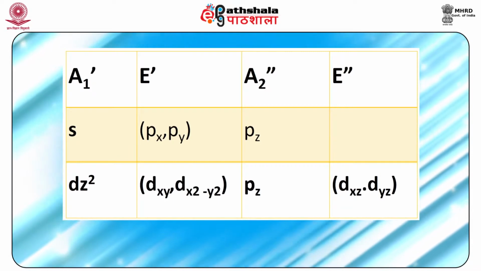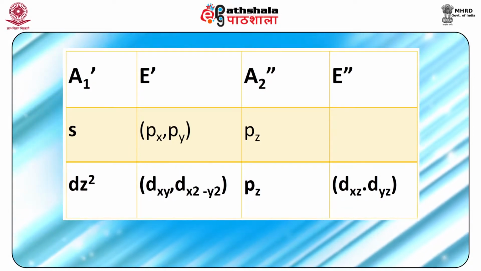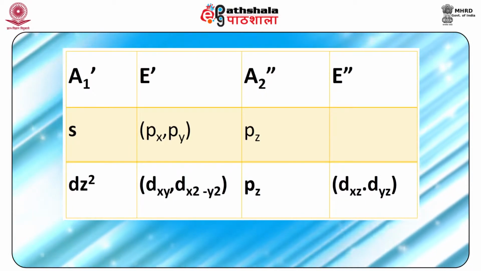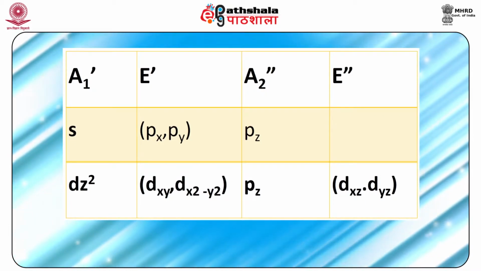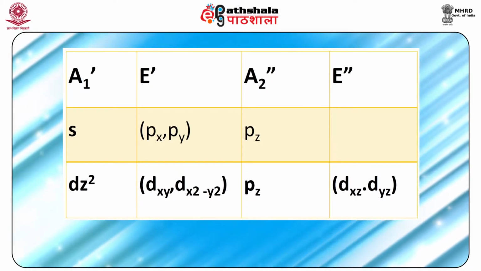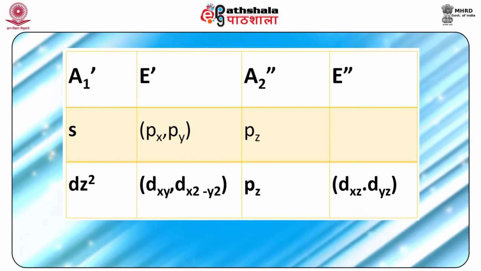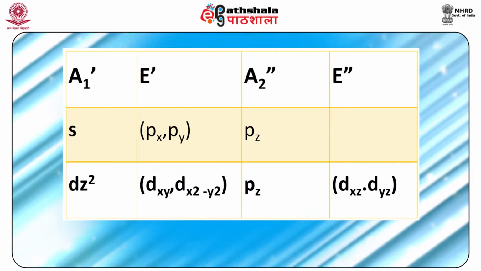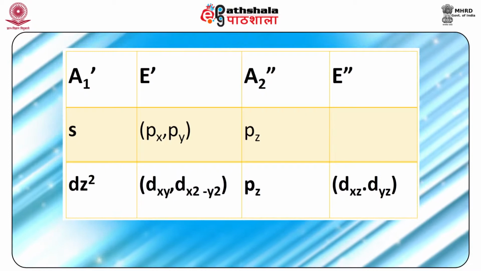Now, since there are 3 BF bonds, we need 3 atomic orbitals for hybridization of A1' and E' symmetry type. The orbitals pz, dxz and dyz, which have A2'' and E'' symmetry respectively, do not mix to form hybrid orbitals for BF bonding, as these do not form the basis for the reducible representation Γ(BF).